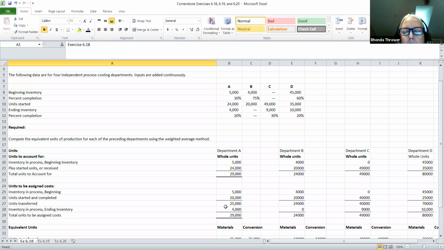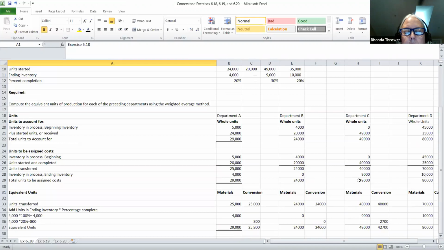So in this first department, you had to find the units transferred of 25,000. Then we take the 25,000 units transferred, subtract from it the beginning inventory, and that will leave you with the units started and completed. In this way, you have your whole units.